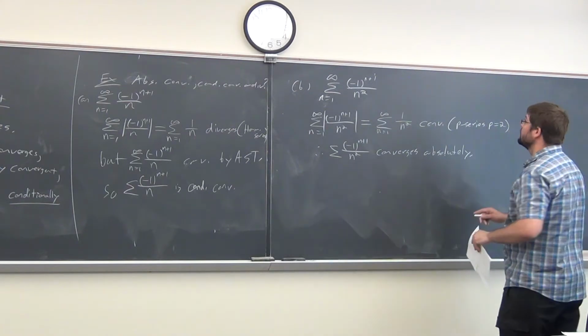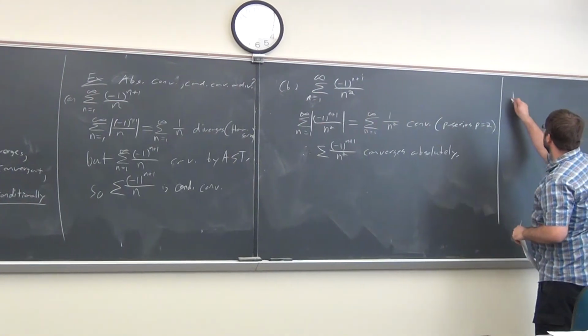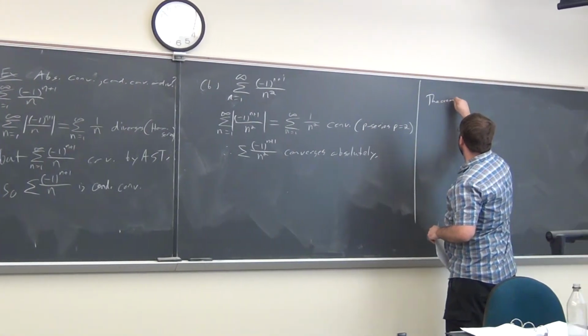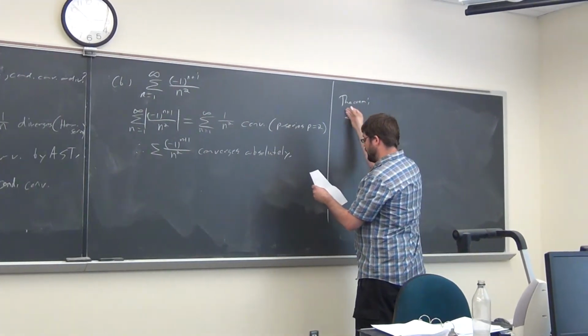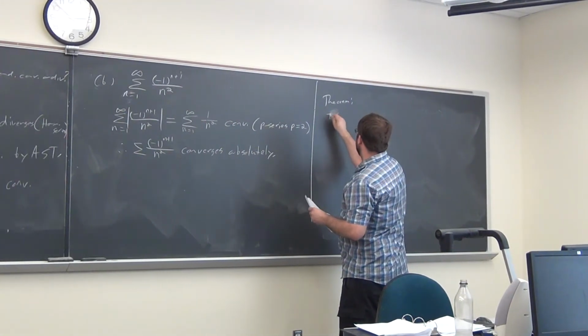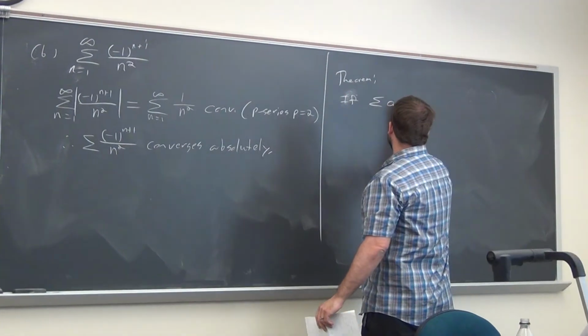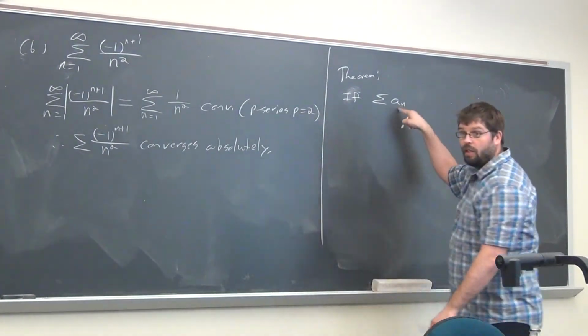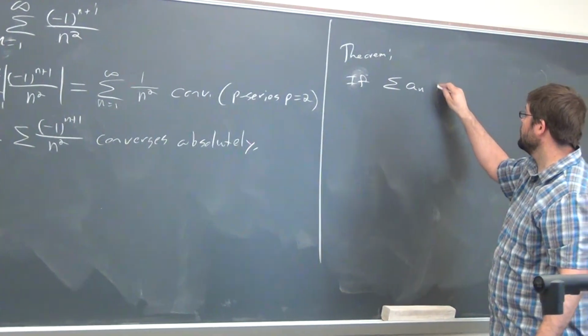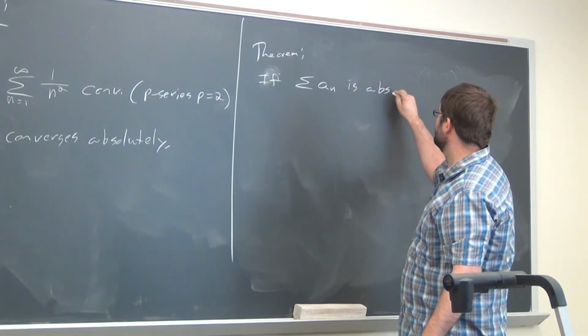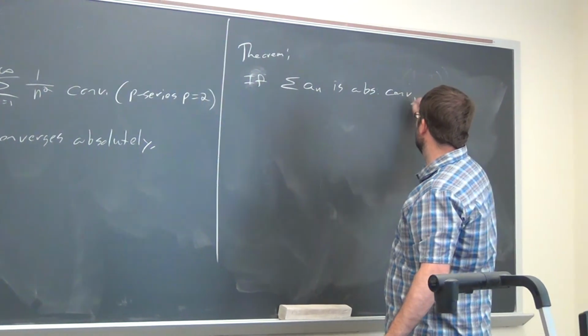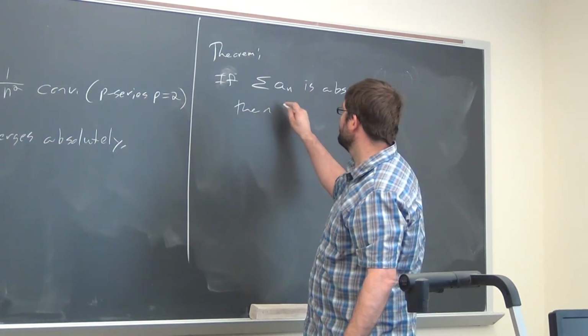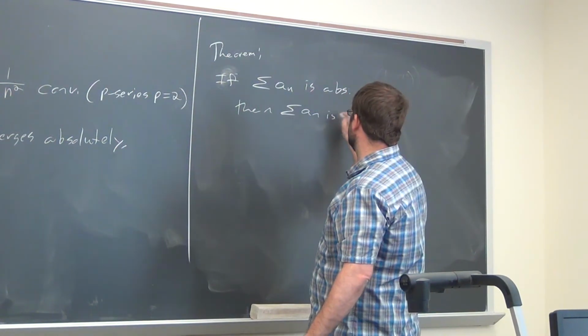All right, and so let me just state one last little theorem here. I'm going to skip any proof of this, but if a series is absolutely convergent, then the series is convergent.